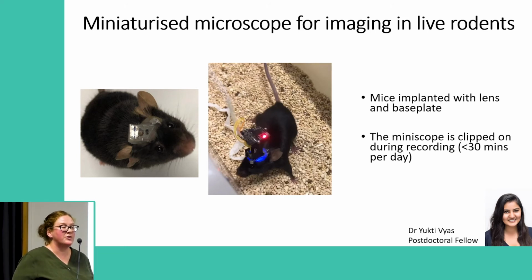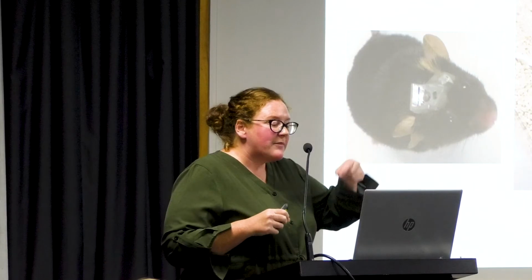But when you want to record, you clip the Miniscope on, which you can see here, then you shine some light into the brain, and you record the brain activity. It does look kind of large here, but it is really, really light. So 3 grams, like I said, which is a very small percentage of the mouse's actual weight. We clip the Miniscope on for less than 30 minutes a day and record while the mouse is doing different behavioural tests.